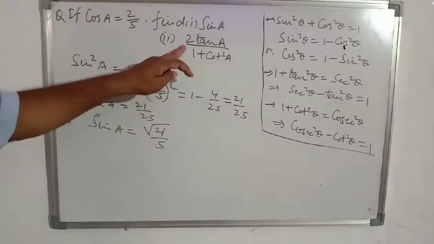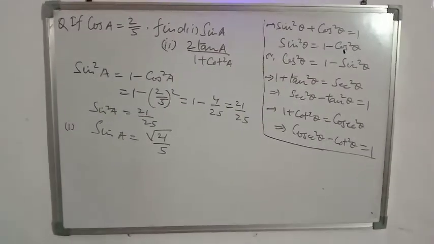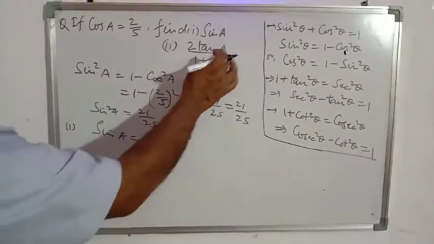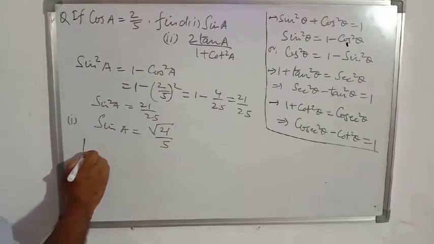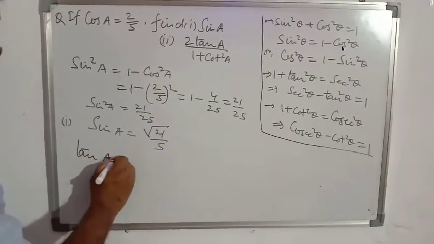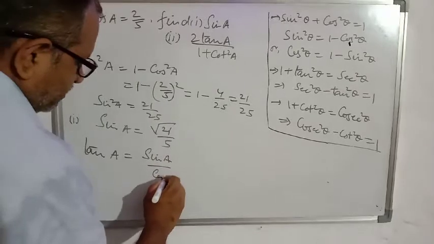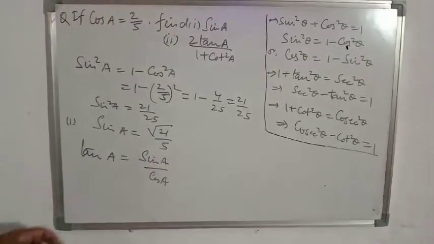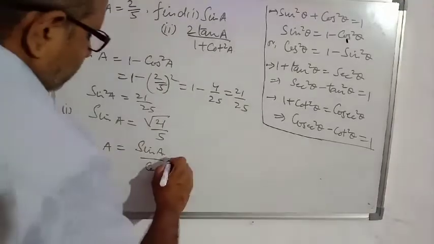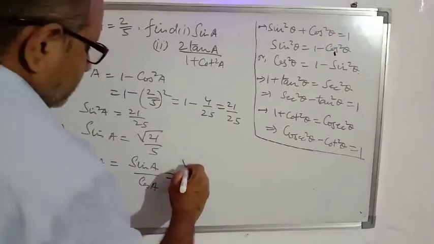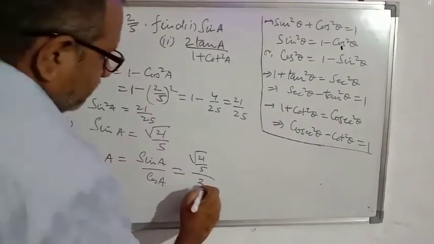In the second part, we have to find 2 tan A upon 1 plus cot square A. So we have to find the values of tan A and cot A, then put them here. We know that by the quotient relation, tan A is equal to sin A upon cos A. Put the value of sin A, root 21 upon 5, and cos A, 2 upon 5.